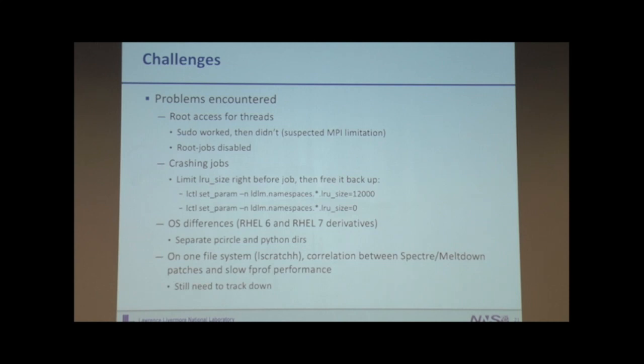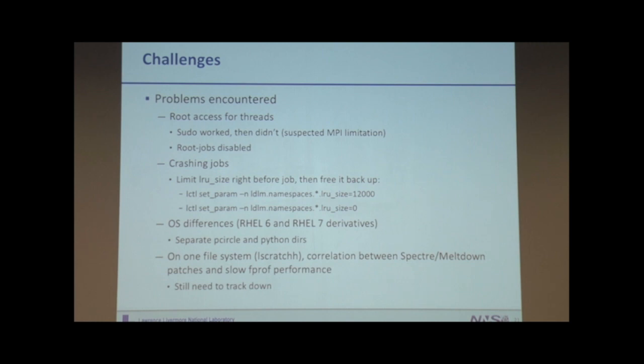Another problem was crashing jobs. We were defaulting to an unlimited Lustre lock usage model. We weren't restricting that, and it didn't cause us problems until we tried running Fprof. We'd get OOMs partway through the job, and if you can imagine on multi-billion file systems, you're going to have a lot of locks as you walk that, and so all you have to do is limit that somewhat.